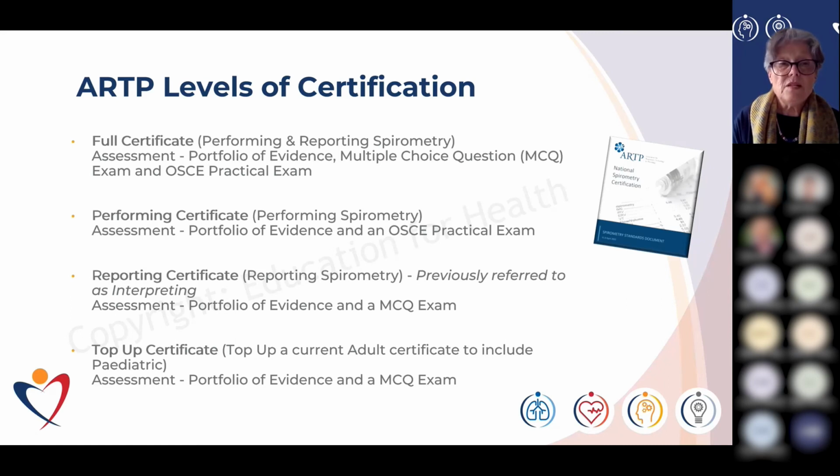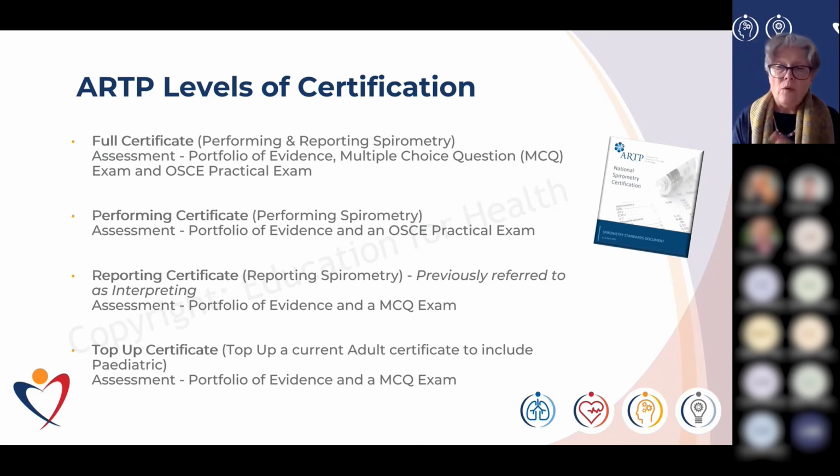So there's the reporting certificate as well. So it used to be called the interpreting certificate. Again, you need that portfolio of evidence, and you need to complete the MCQ exam, but you don't need to do the OSCE because you're not actually performing spirometry, you're reporting on spirometry. And of course, you can do a top-up certificate as well.